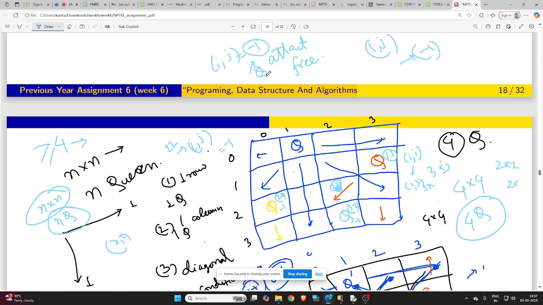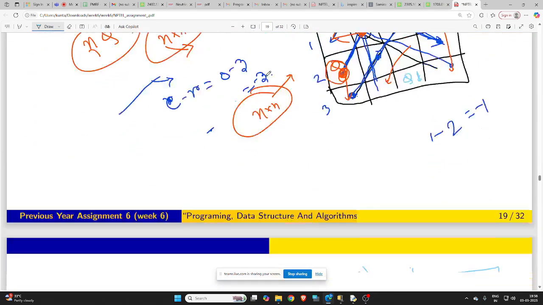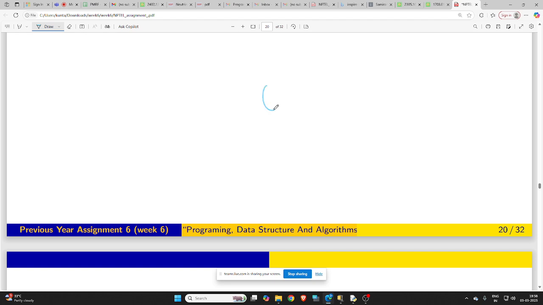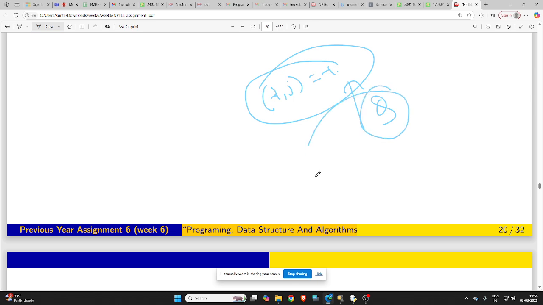I don't have the program right now, but the main thing, as you were saying, what is the meaning of ij minus 1? This is nothing but an attack free position. Whenever you have ij minus 1, then only you can insert one q.